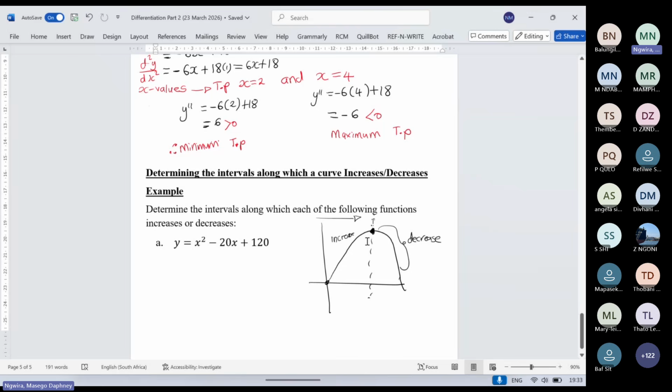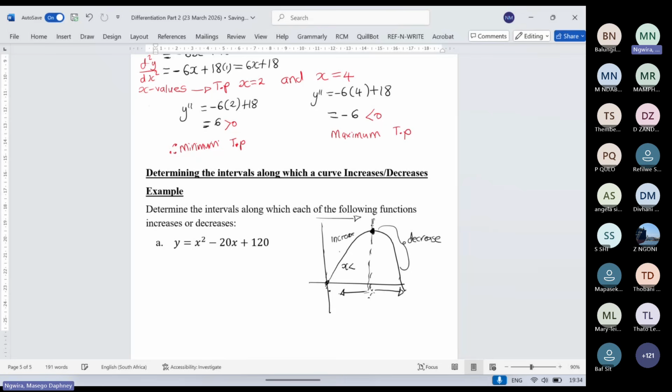So normally I used to say to the learners, these two parts, my graph is decreasing here. So when I move from here to here, it's decreasing. Then from there to there, my graph is increasing, and then this one is decreasing. So I would say that on this side, x is less than.